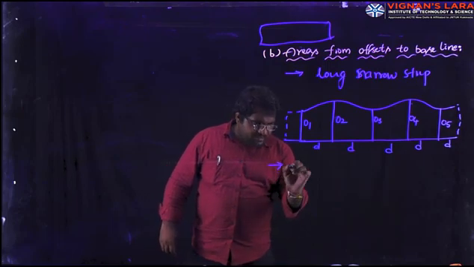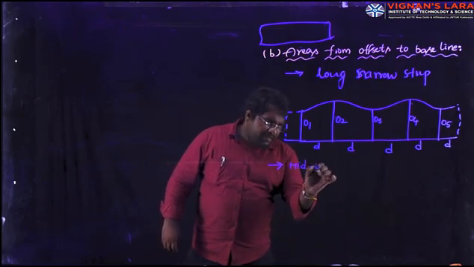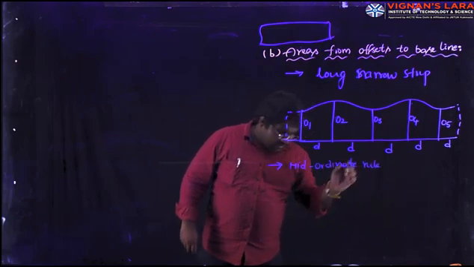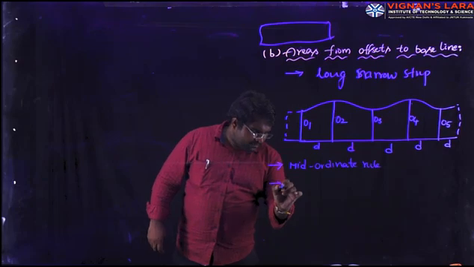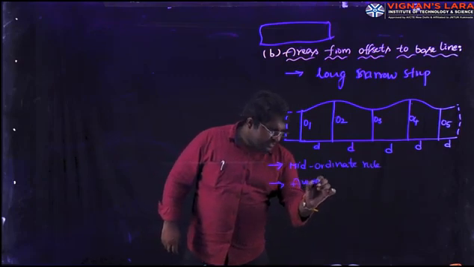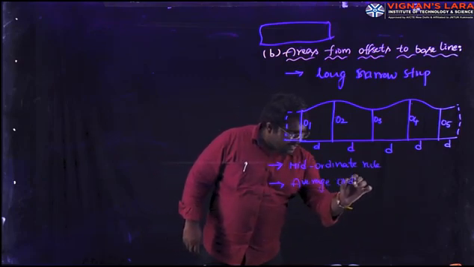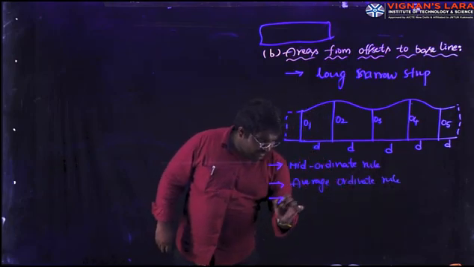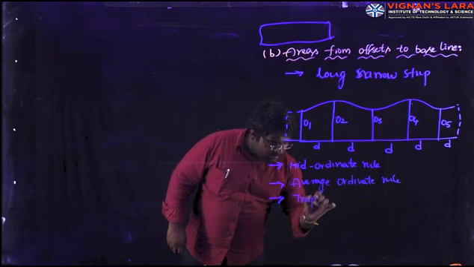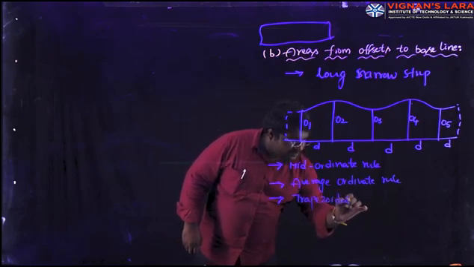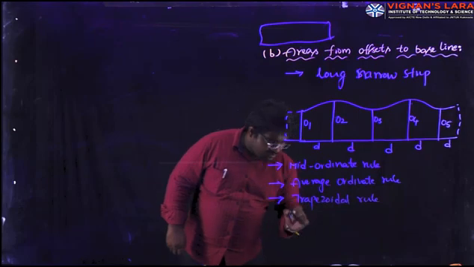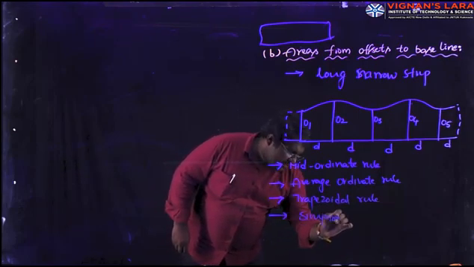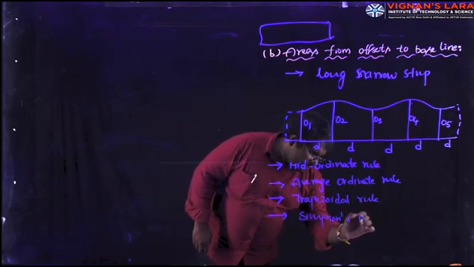The first method is the mid-ordinate rule. The second is the average ordinate rule. The third one is the trapezoidal rule, and the fourth one is Simpson's 1/3 rule.